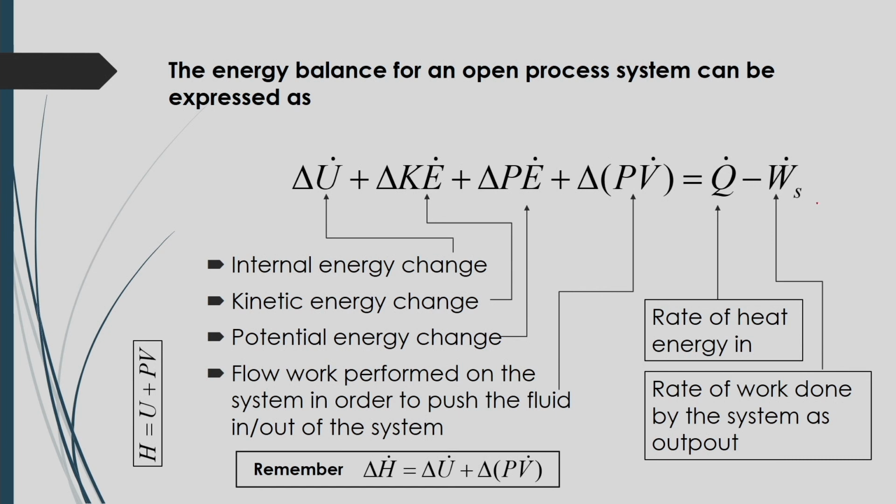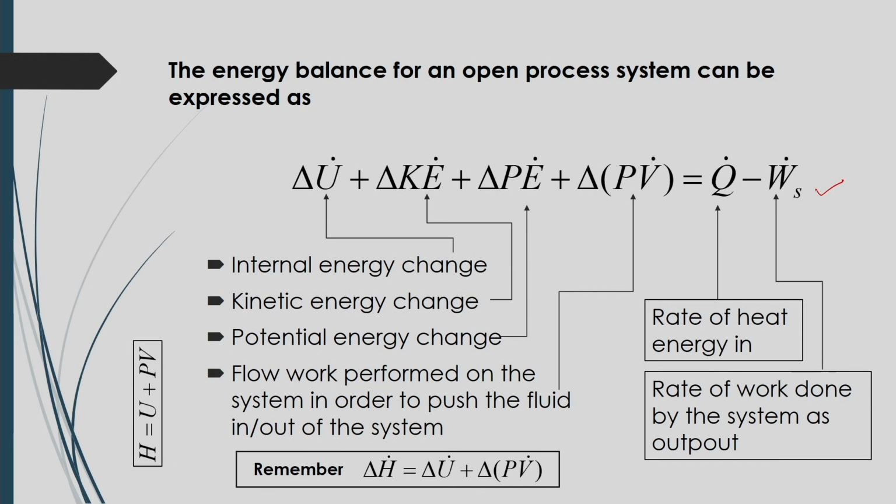This general energy balance for an open process system can be expressed by this equation, where delta U is the internal energy change, delta KE is the kinetic energy change, delta PE is the potential energy change, and delta PV is the flow work performed on the system in order to push the fluid in or out of the system.